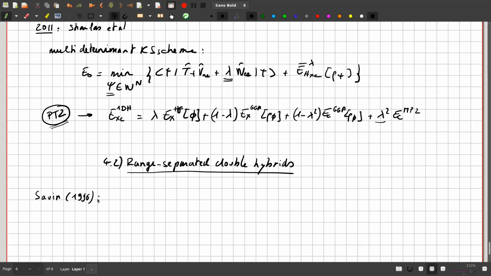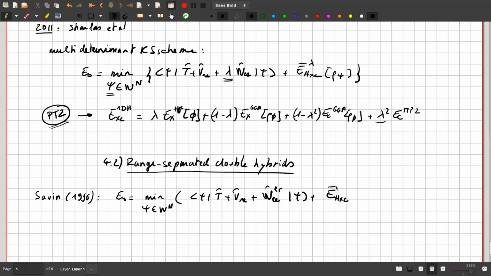And it is as follows. So you obtain the exact ground state energy by minimizing with respect to a multi-determinant wave function the expectation value of T plus V_ne. And here we have only the long range part of the Coulombic interaction, which is realized in practice with this error function. And then you have a complement functional that I will call E bar short range for the remaining short range effects.